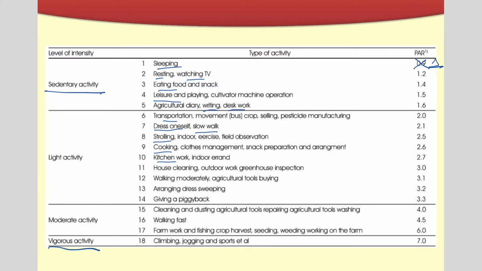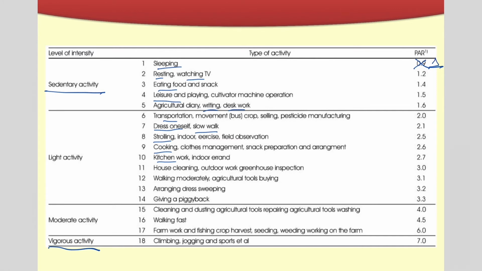You can see lots of different activities. So when we do the exercise in the class, the first thing you will have to do will be to calculate how much calories you use during a day.